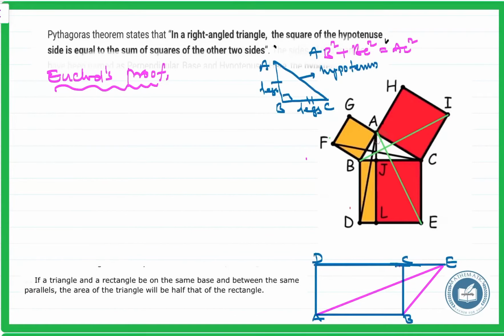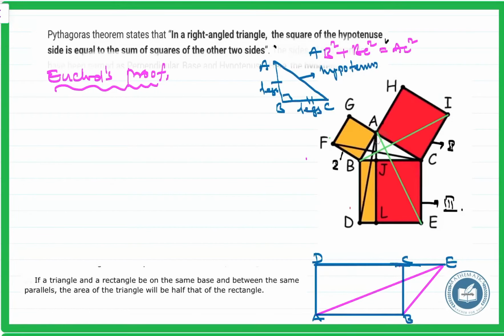This is 1, this one is 2, and this one is 3, the squares on the three sides of the right angle triangle ABC. Now how to show that the area of the larger square is equal to the sum of the areas of the other two squares?